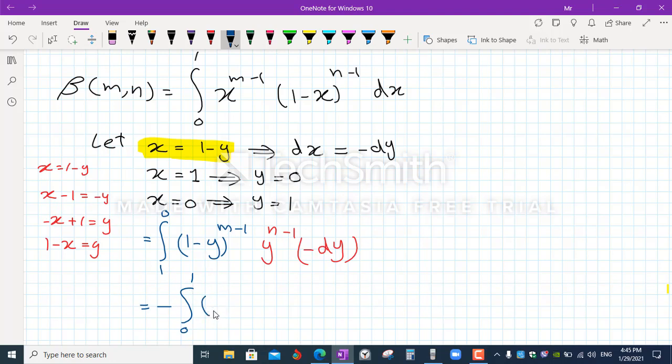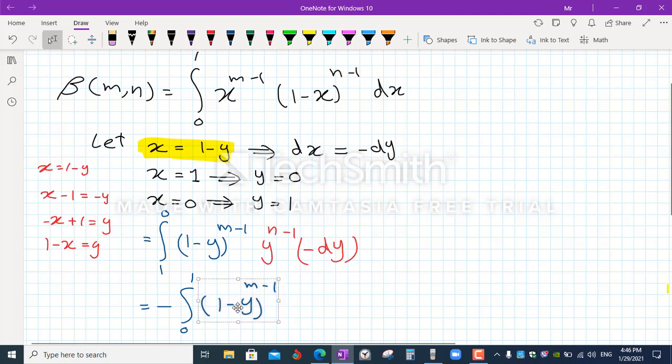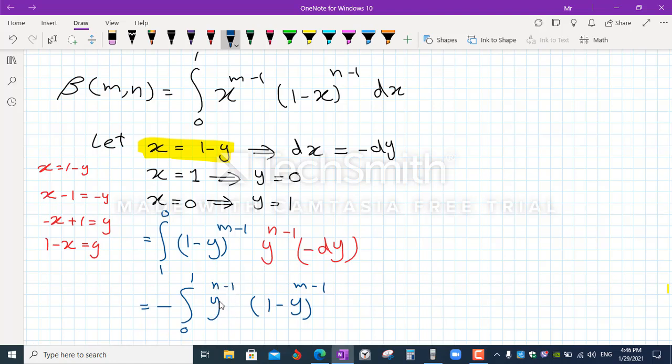Then we copy these, 1 minus y to the power of m minus 1. And since between these terms is multiplication, it's okay if we rearrange them this way. We can write the brackets second and the other one, y to the power of n minus 1, first, which makes no difference.